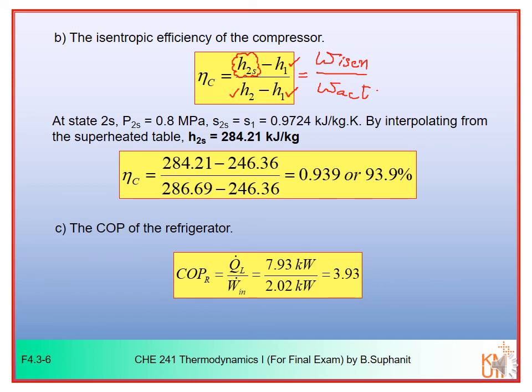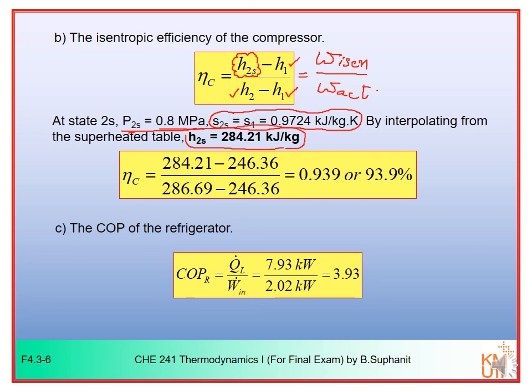To determine H2S, you know the pressure value of 0.8 megapascal, and you know the entropy value S2S equal to S1 equal to 0.9724 kilojoule per kilogram Kelvin. You can take these two pieces of information to calculate the enthalpy at 2S by interpolating from the superheated table.